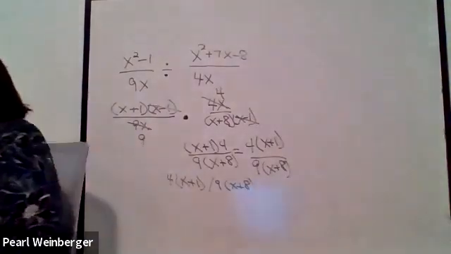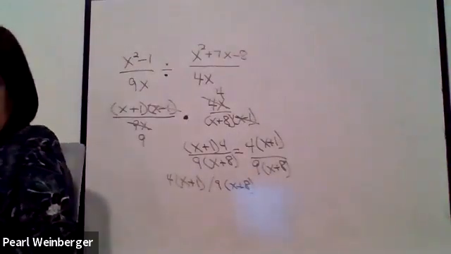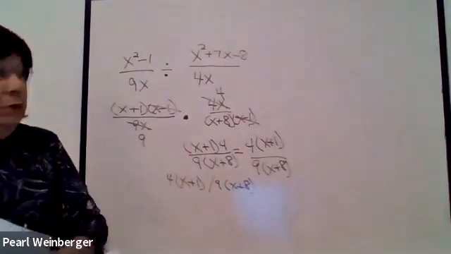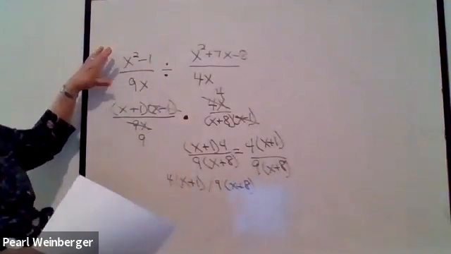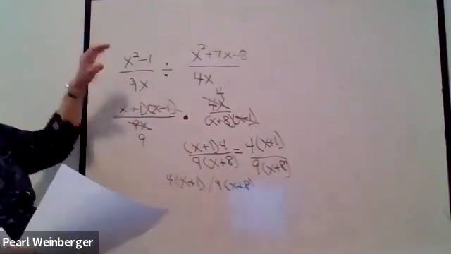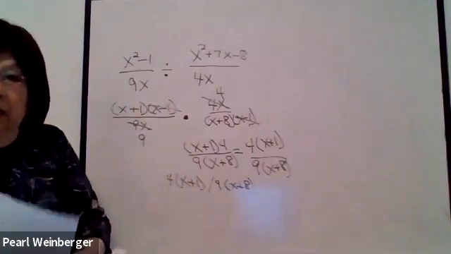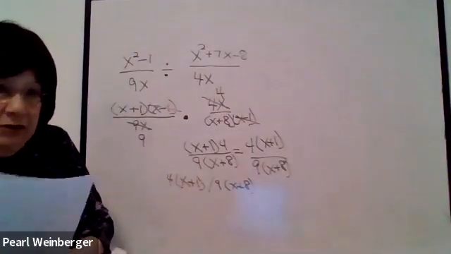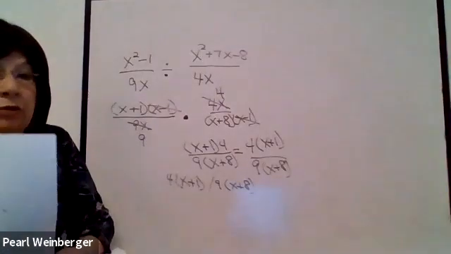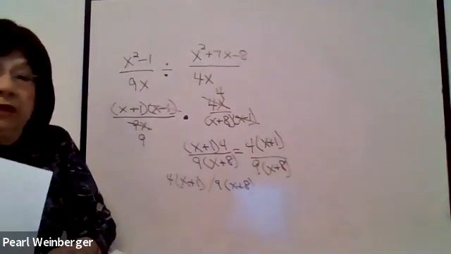Okay, so that's one type of problem you might see on the Delta Math. It's either a multiplication or a division. Again, you have to know how to factor, and because these problems are a bit on the harder side, I gave you 3 chances to do each problem.